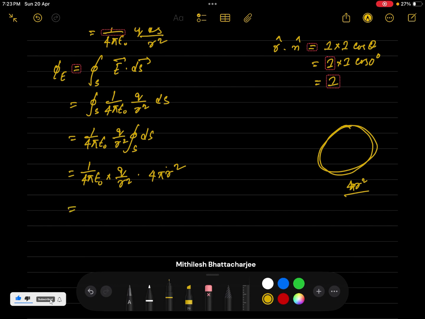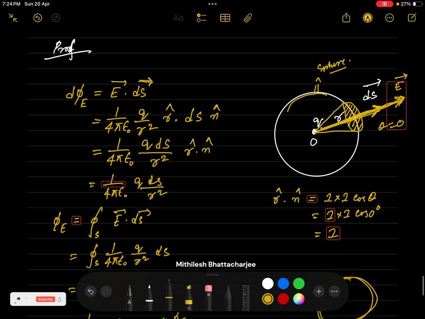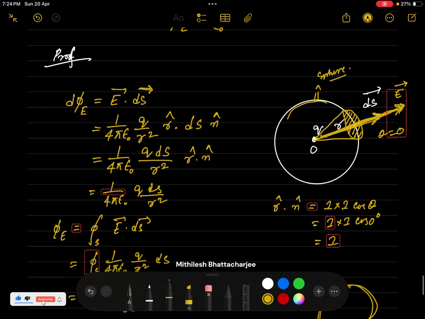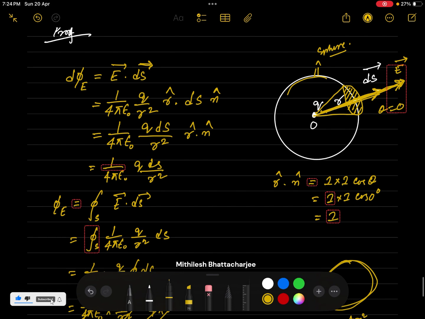So now 4 pi will cancel, r square will cancel, and Q by epsilon naught will be there. So we can write phi is Q by epsilon naught. Okay, so we can prove the Gauss theorem for a spherical surface. If we consider the Gaussian surface to be spherical, then we can prove it this way.